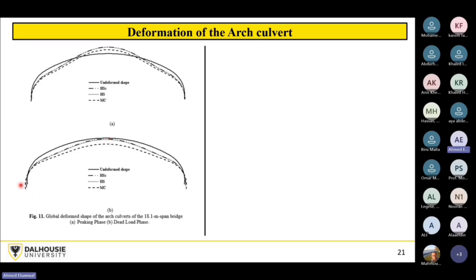And if you look here at the base of the arch, the spring line, due to the large downward movement, the base of your arch is also moving downwards a lot more than with the HS and the HSS model. So even the global deformed shape, not only the crown, is harmfully affected by the adoption of the Mohr-Coulomb model.